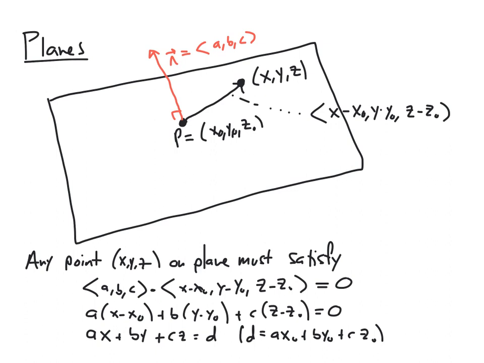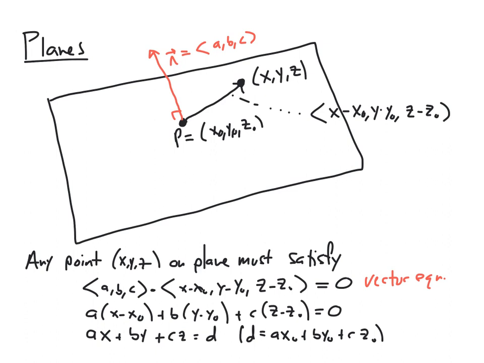Okay? And so here we have sort of three versions of the equation of a plane. This first one with the dot product, this is called a vector equation for obvious reasons. It is an equation and it consists of vectors.